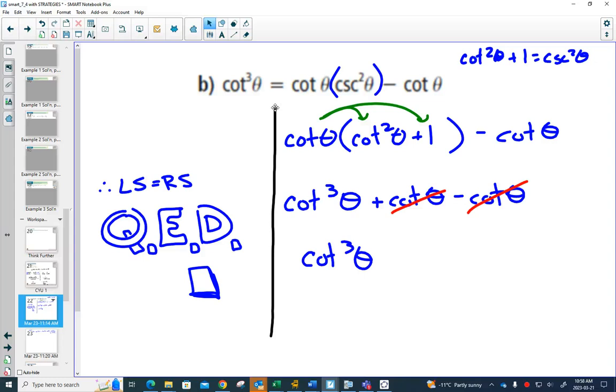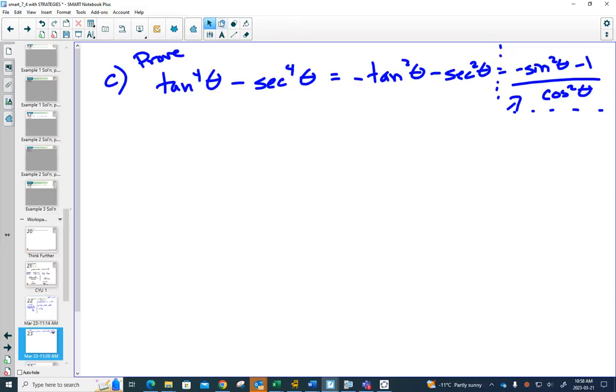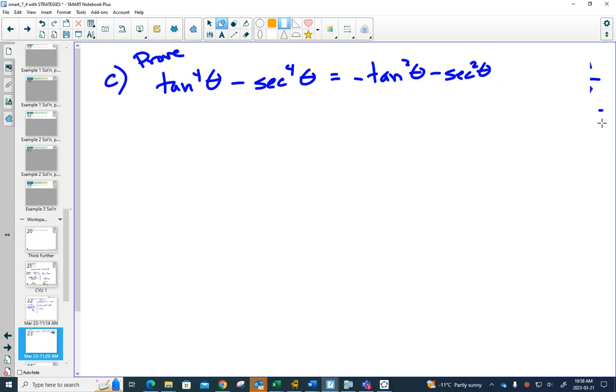And then we get into, I'm going to add a part C to this one. This question says, prove, this is a tough question, and it has powers of 4.